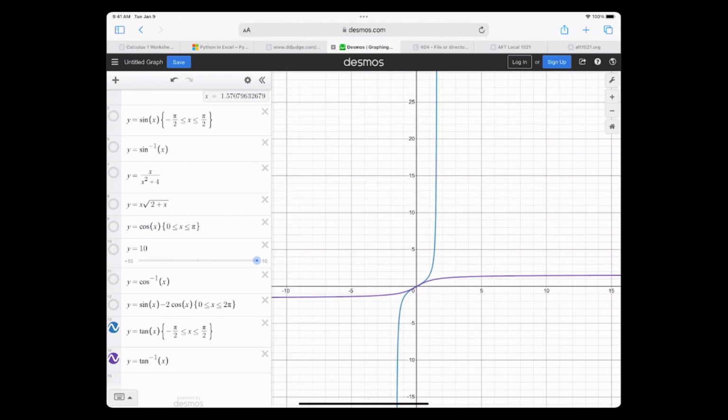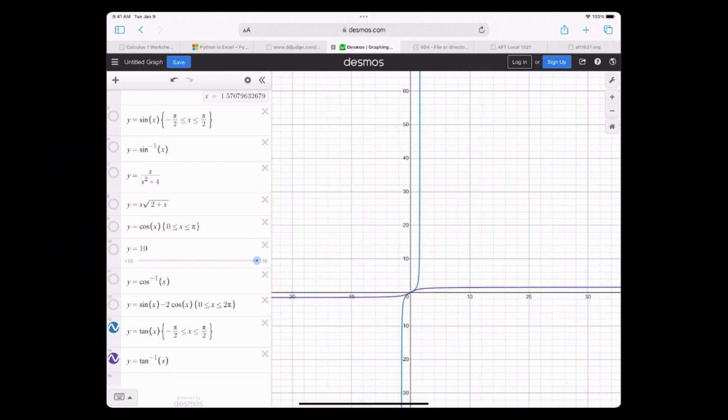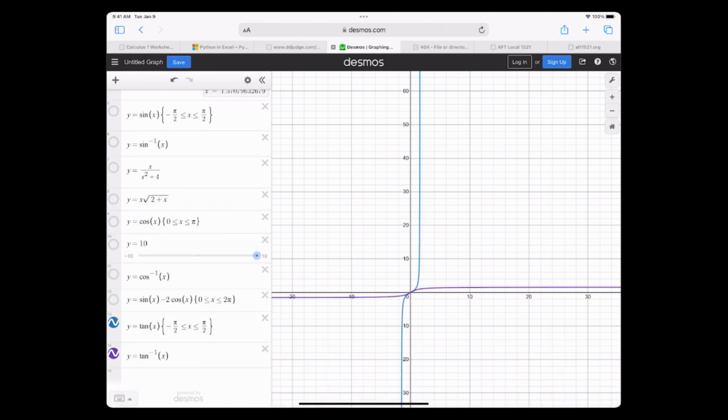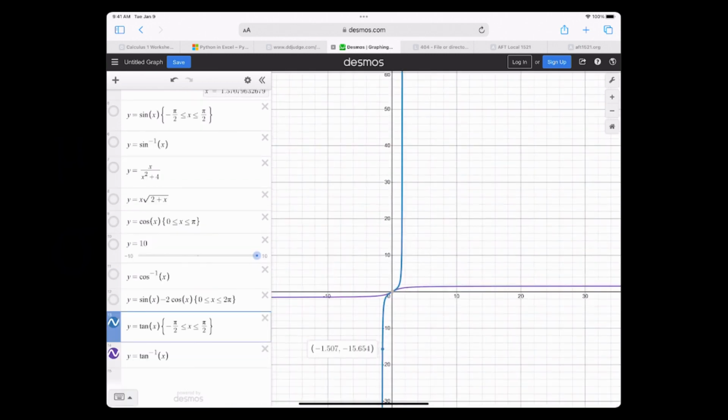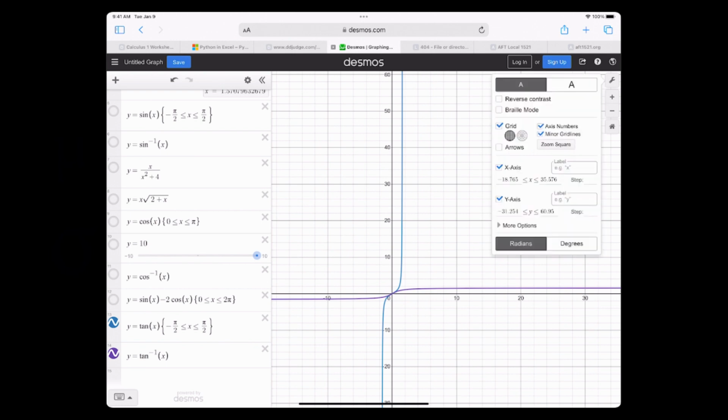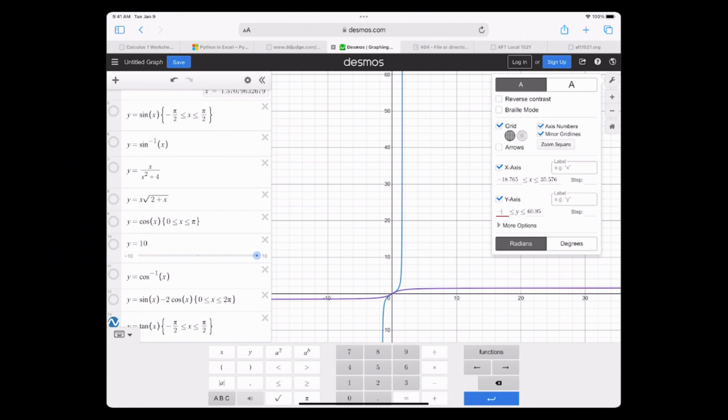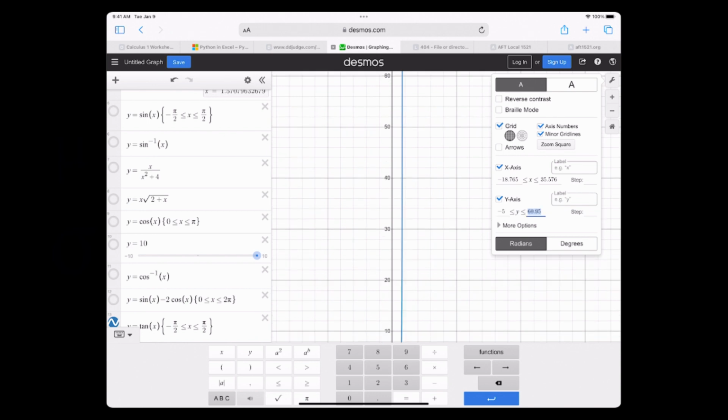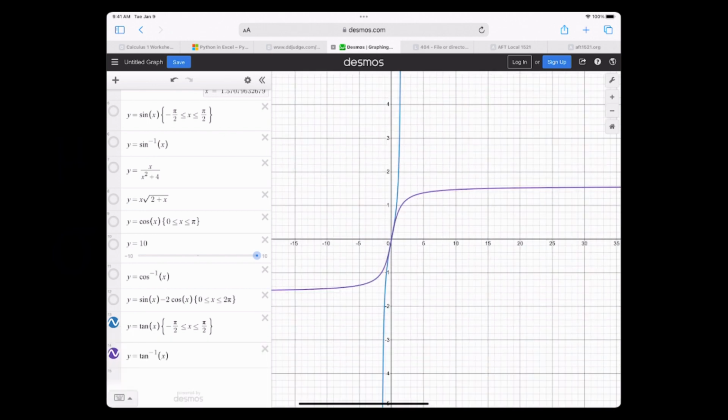And I'm going to keep this here. What happened? Oh, yeah, I got to change this scaling here. There we go.